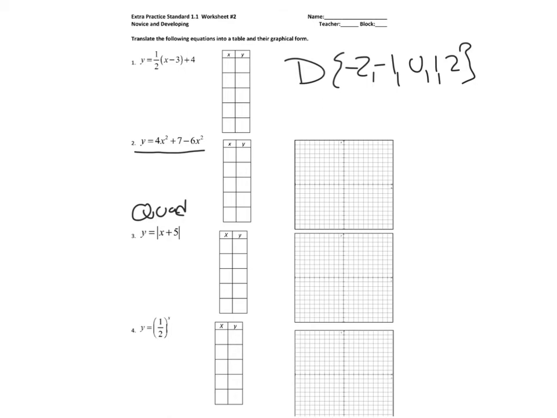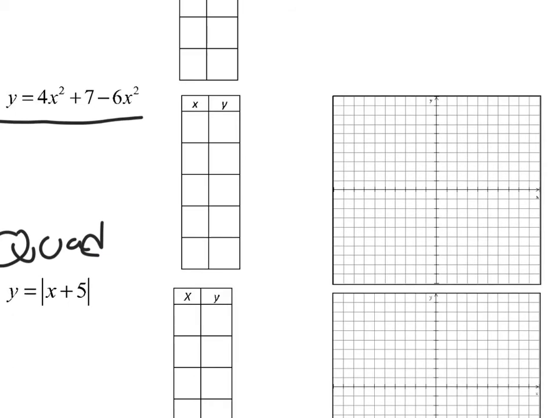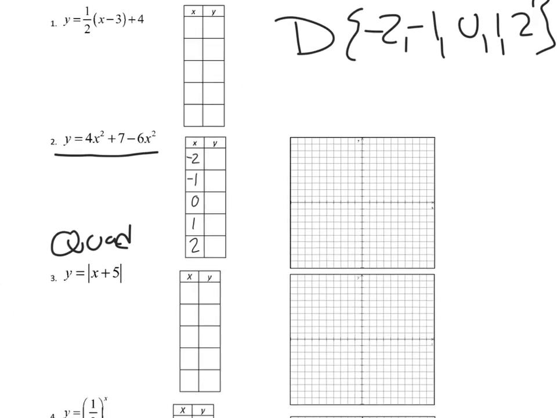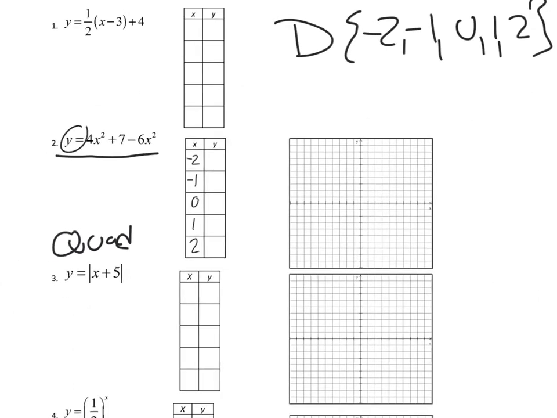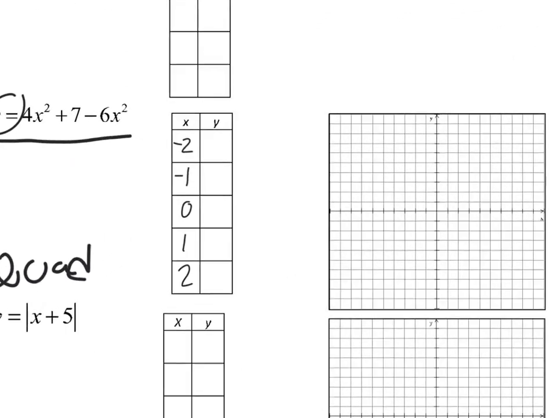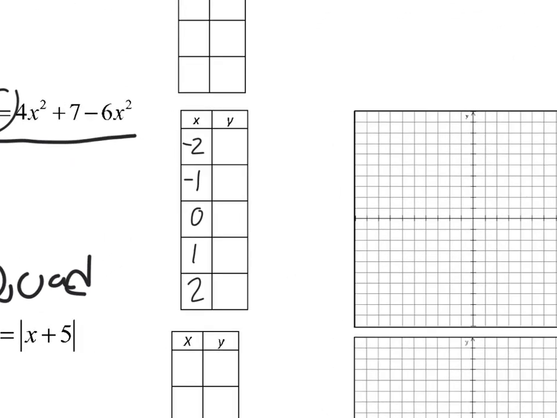All right? Now, if you have a graphing calculator, the easiest thing to do is to put this equation into y equals and then look at your table. And they've already done all the math for you. And when I plug it in, I'm going to get -1, 5, 7, 5, -1.